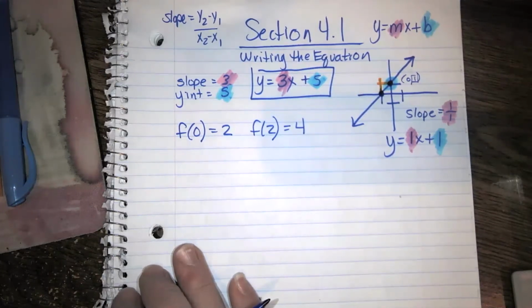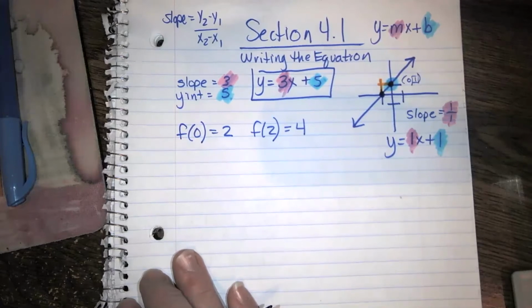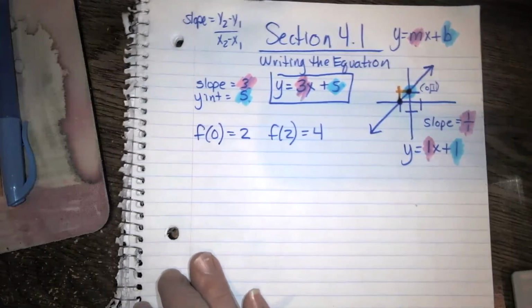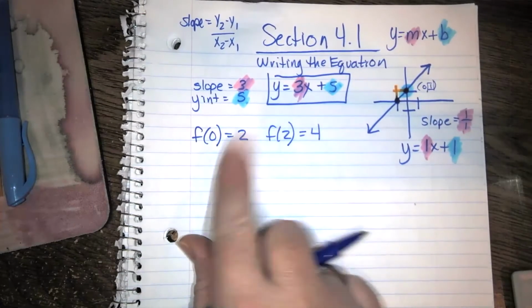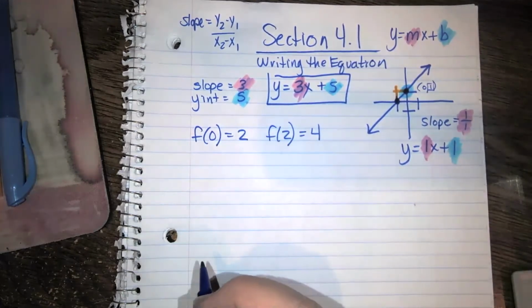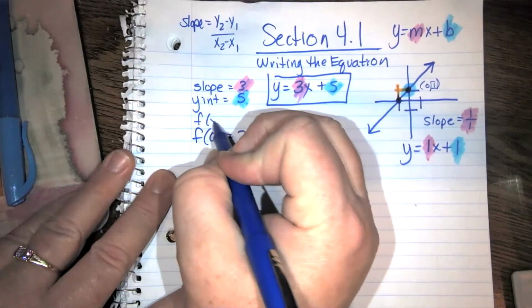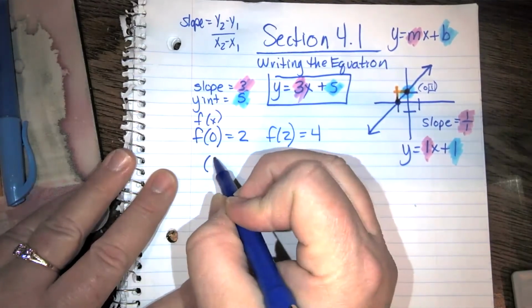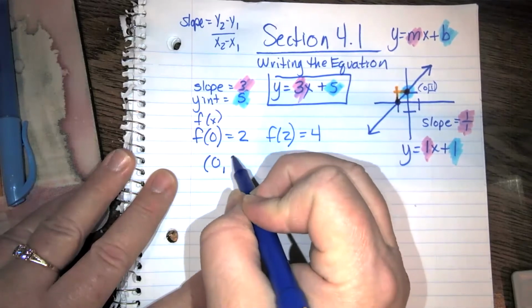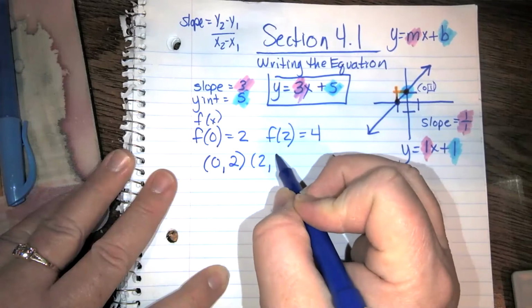Well, that gets us to really one of the next points that we need to tackle, which is finding slope. So first of all, let's practice. This is in functional notation. Let's practice writing this as a point. So what point would this be? Remember, this is f of x. So x is 0 and y is 2. X is 2 and y is 4.